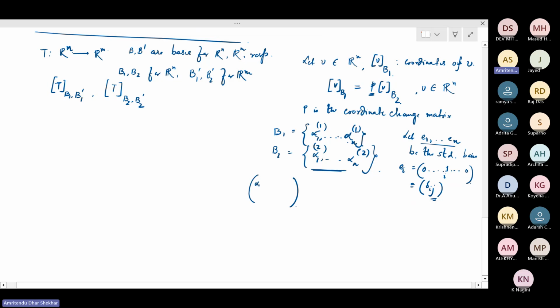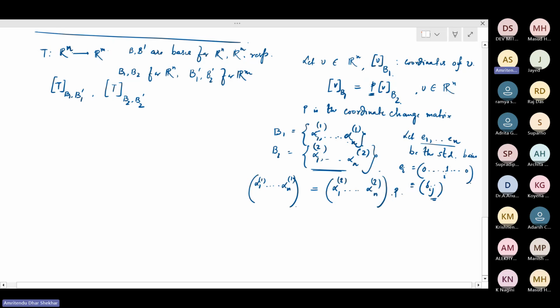So let's say you write this matrix as something like this: alpha 2, 1, alpha 2, n times P.